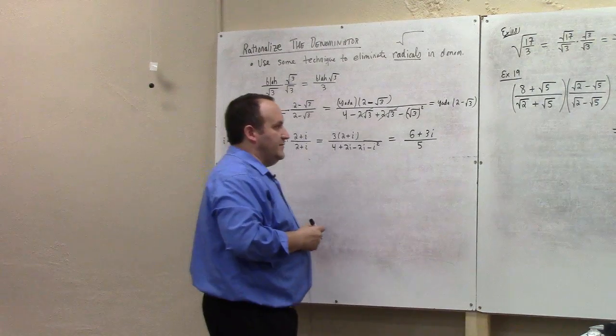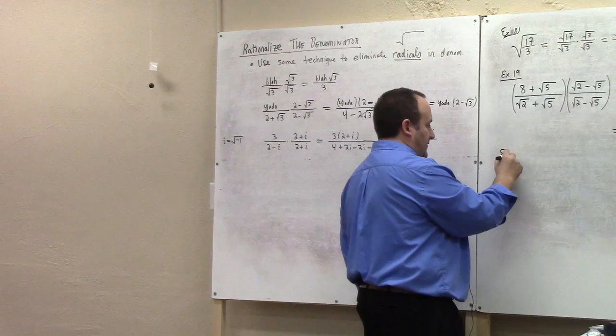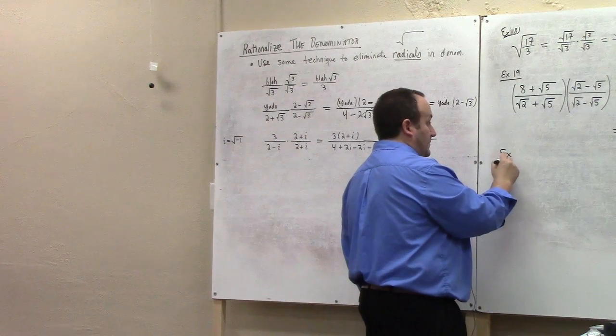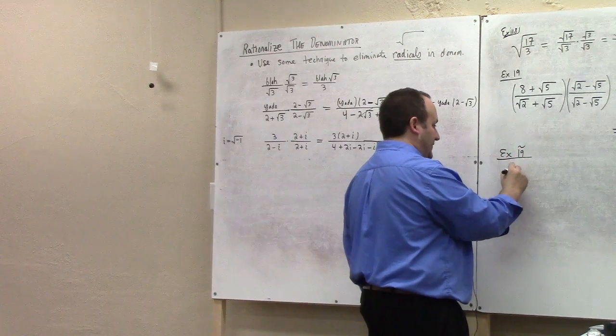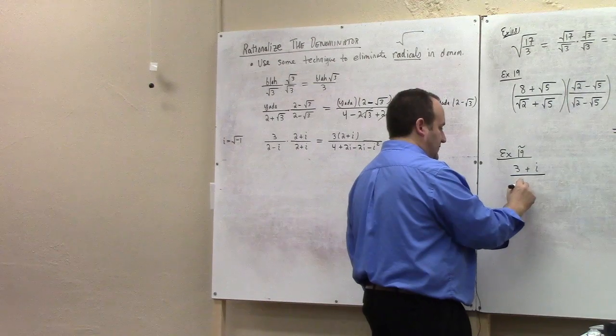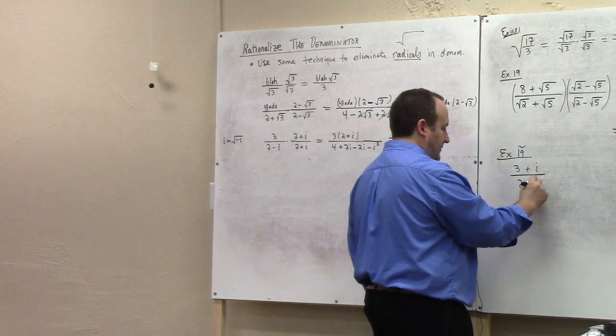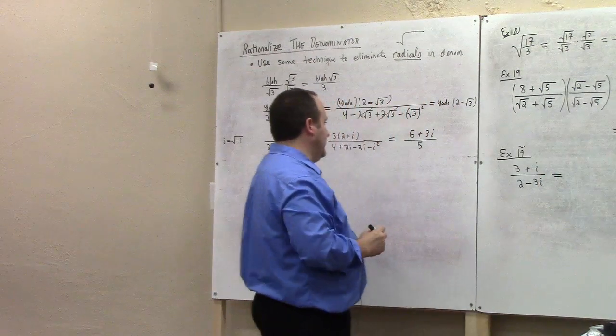Here, let me give you one that's kind of complex. This is a big example, number 19. We've got (3 plus i) divided by (2 minus 3i). See if you can do it.